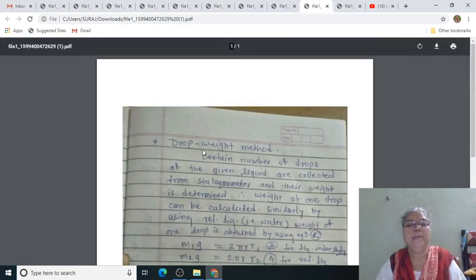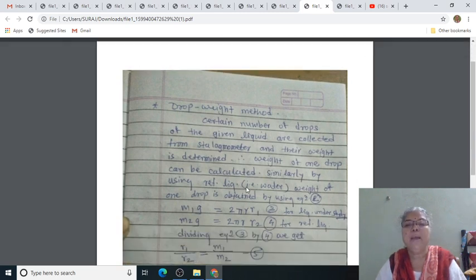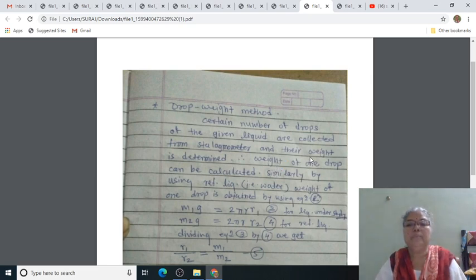The first method is the drop weight method, and in this method a certain number of drops of a given liquid are collected from the stalagmometer and their weight is determined. Therefore, the weight of one drop can be calculated. Similarly, by using the reference liquid, that is water, the weight of one drop is obtained by using equation number 2.